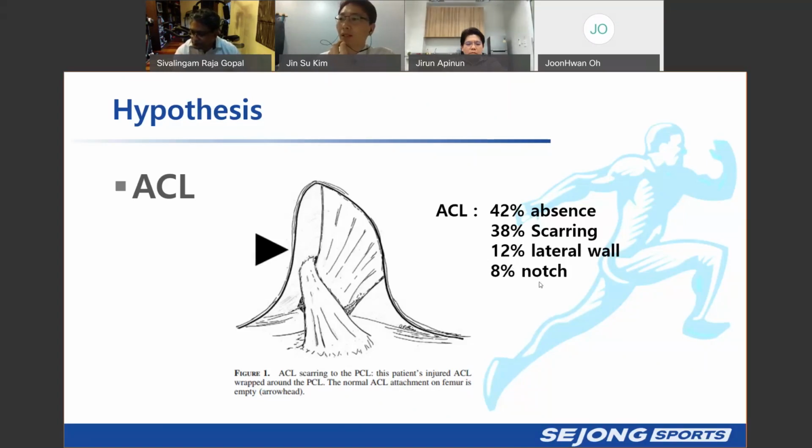So it means some structural changes. So the complete ACL tear itself is usually a surgical indication for an orthopedic surgeon.